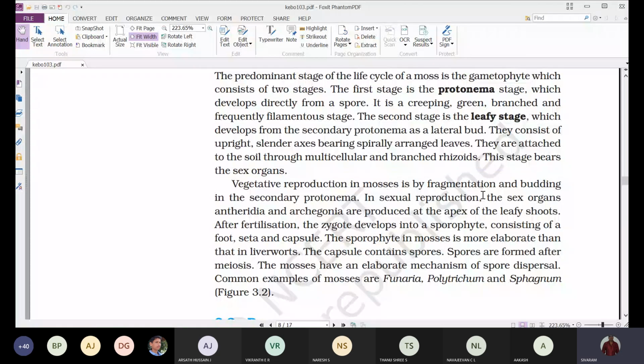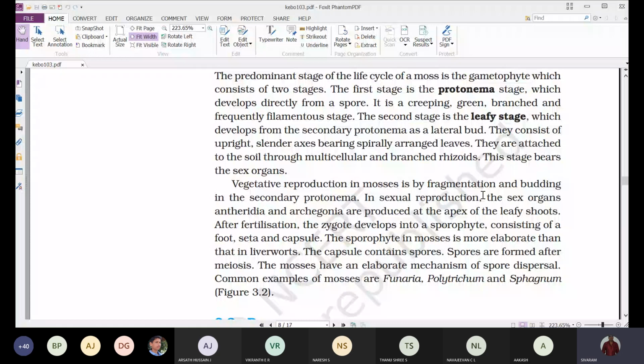This secondary protonema will form buds, and these buds later develop into the leafy stage of the gametophyte. That is the second stage.